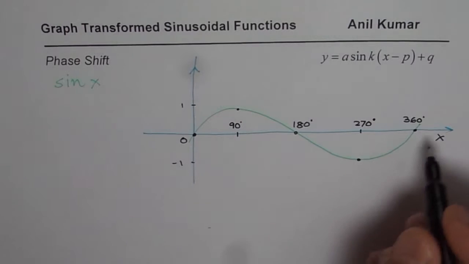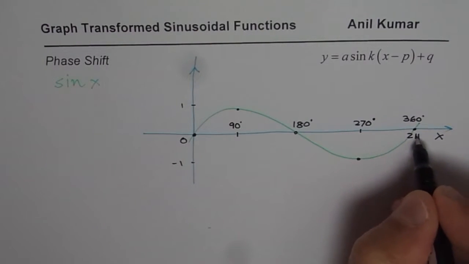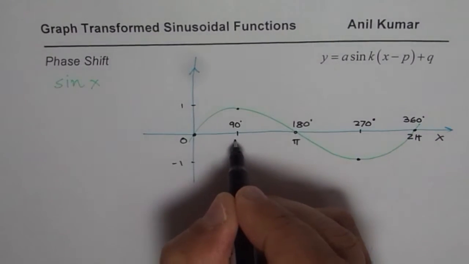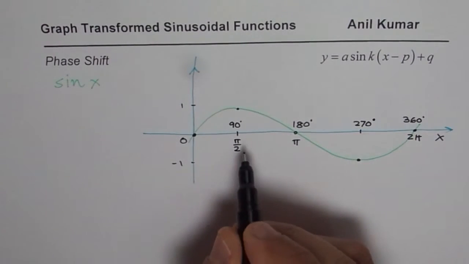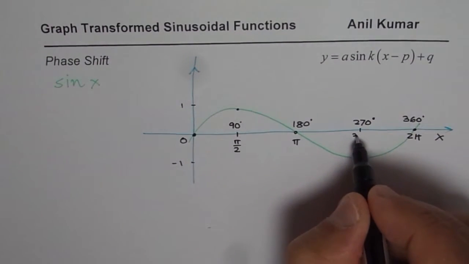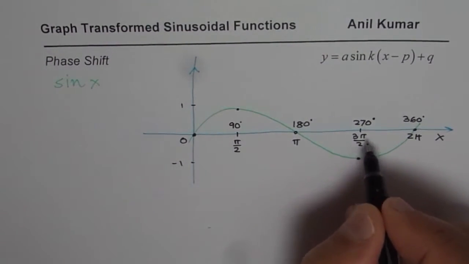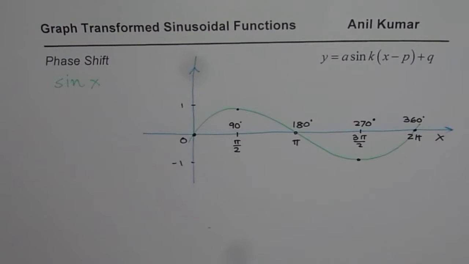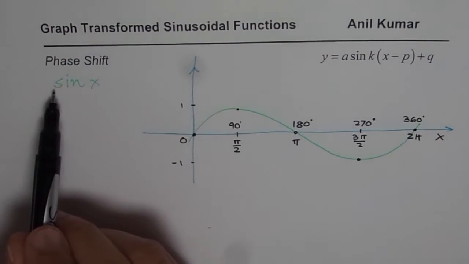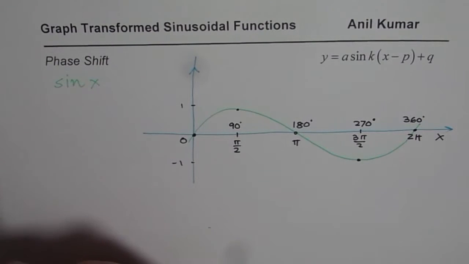If you're working in radians, then it will be 2 pi, pi by 2, pi, 3 pi by 2. That is how I count. It becomes easier. So that is your sine wave, which is the default sine wave.